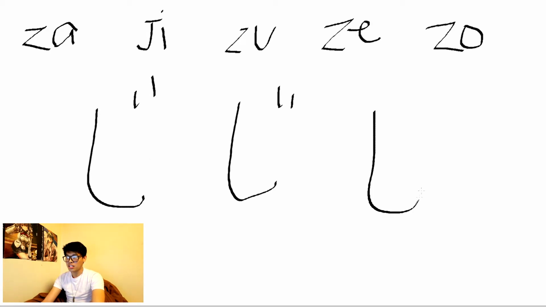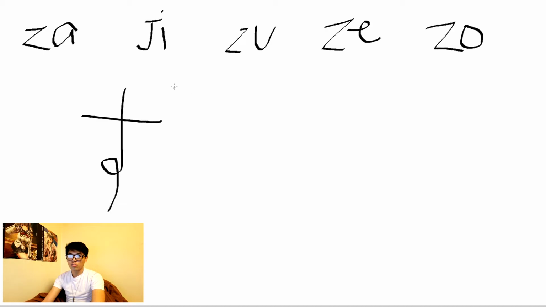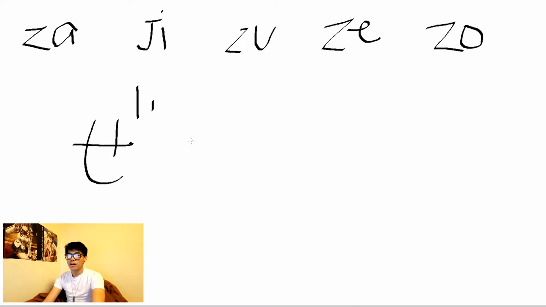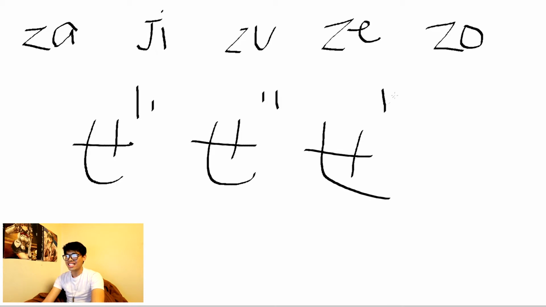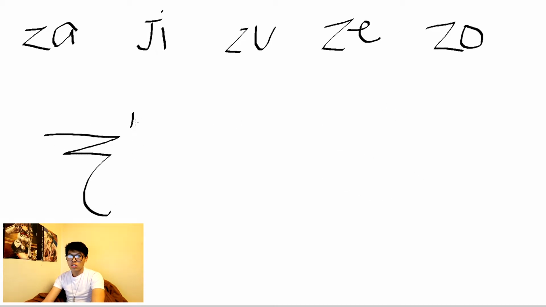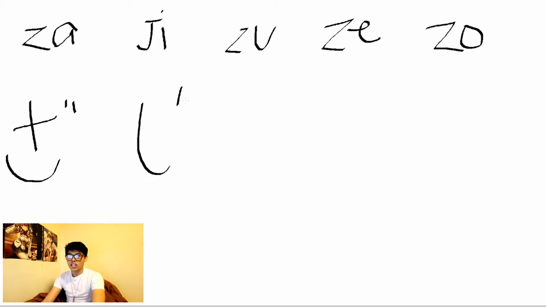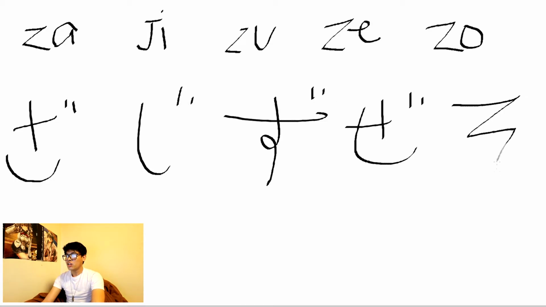From su, put this one to become zu. From se to ze. From so to zo. We have za, ji, zu, ze, and zo.